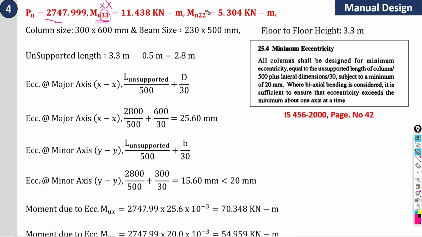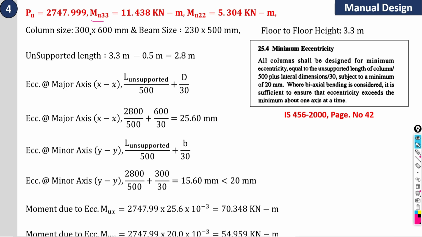Both are okay. And 2 means yy. So basically the moment about the major axis is 11.438, and the moment about the minor axis is 5.304. Hope it's clear to all of you.